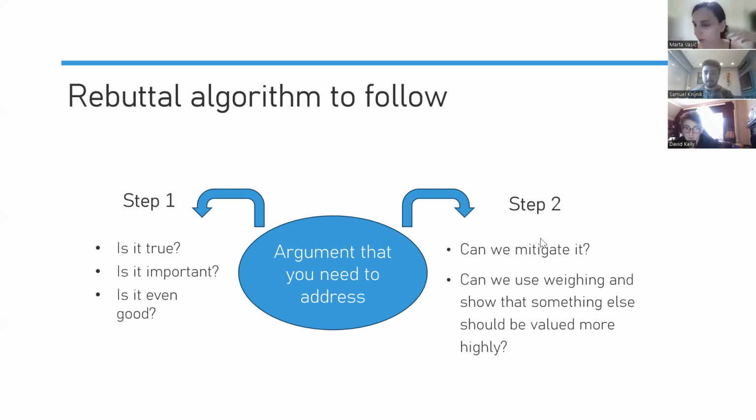Whatever argument I hear, I put it through a filter and then see what comes out of it as a response. The first step is I need to see if I can completely defeat the argument. And you can do this in three ways. Quite obviously, I can think, is this argument true?